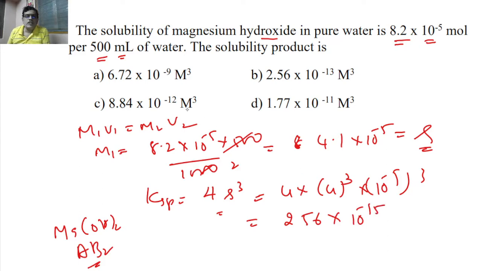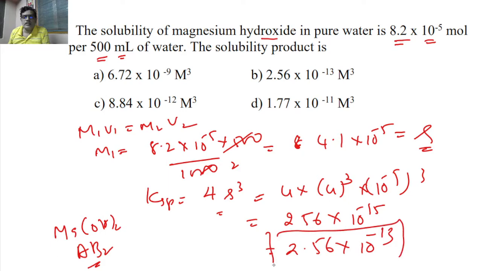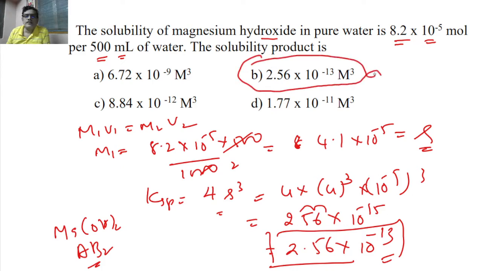So where is the closest answer? 2.56 into 10 to the power of -13. If you rearrange, shifting the decimal point, -15 becomes -13. So the answer will be B. So this is the answer.